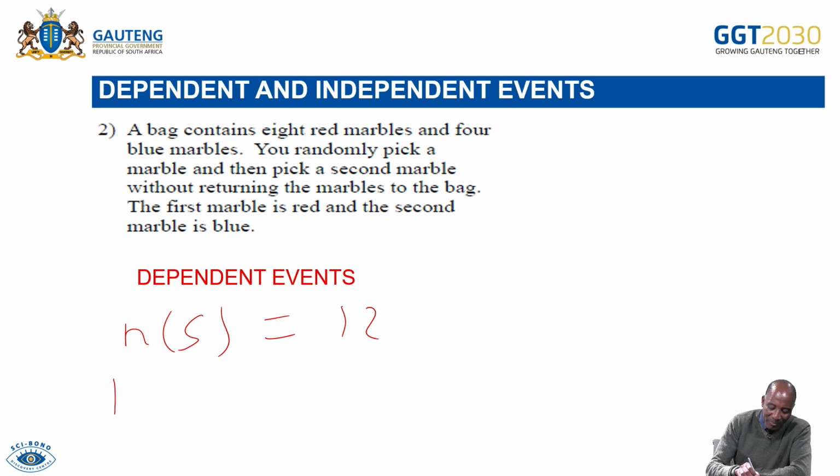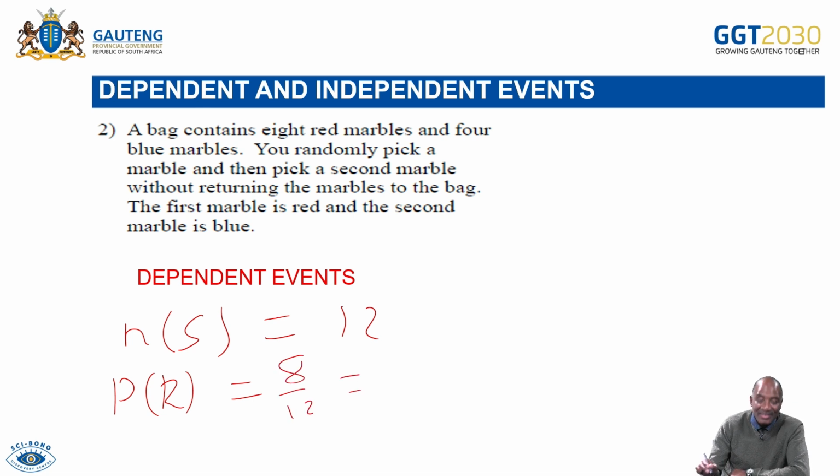Therefore, they said you pick a marble, then pick a second without returning. The first marble is red, so P(red) is going to be 8 divided by 12, which reduces, dividing by 4, to 2/3.